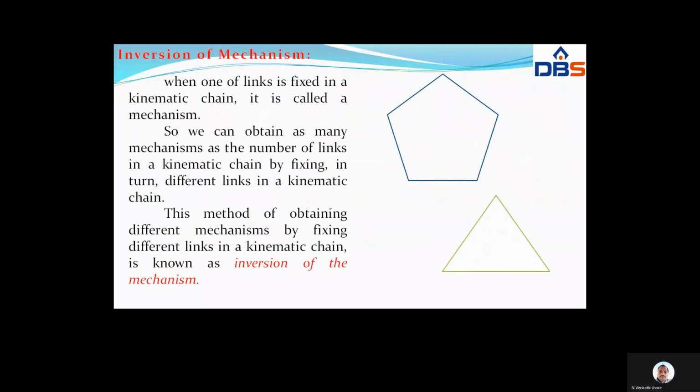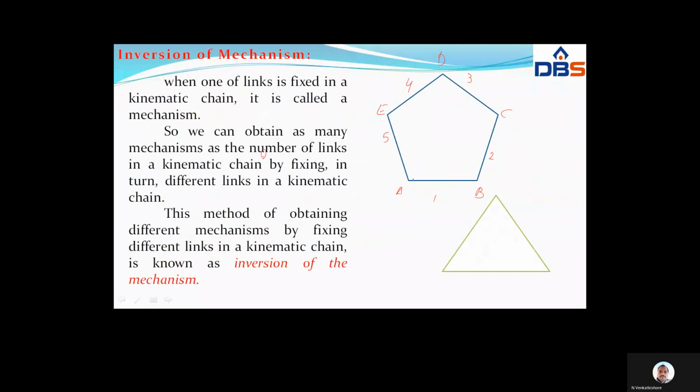And next, the inversion of mechanism. Inversion means, see here, what is a mechanism? Mechanism means when one of the links is fixed in a kinematic chain. So this is a chain which has A, B, C, D and E, and this is link 1, link 2, link 3, 4.